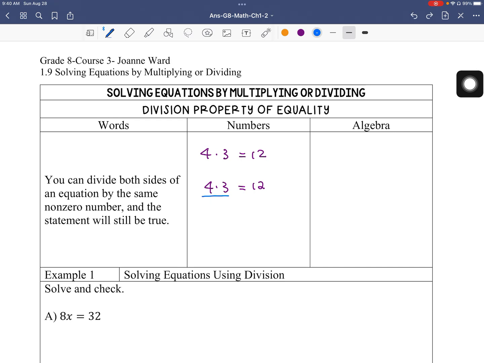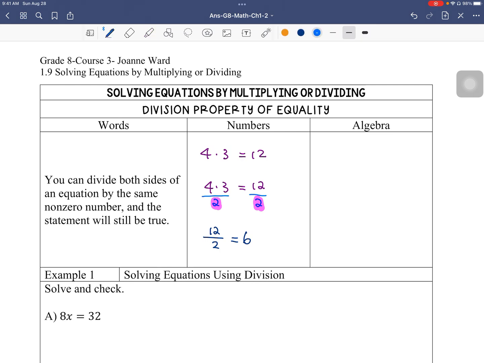If I divide both sides by 2, I end up with 12 divided by 2 equals 6. The whole equation is still legitimate and the same.